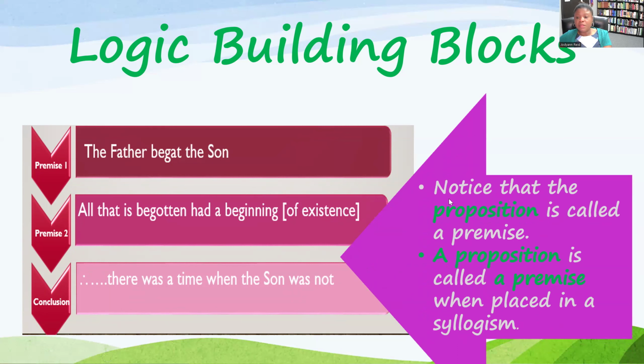So in this argument, you see that the propositions are called premises. And so now we're at the end of this lecture, but in lesson 5, we're going to learn more about categorical propositions and how they are used in syllogisms. Have a wonderful week.